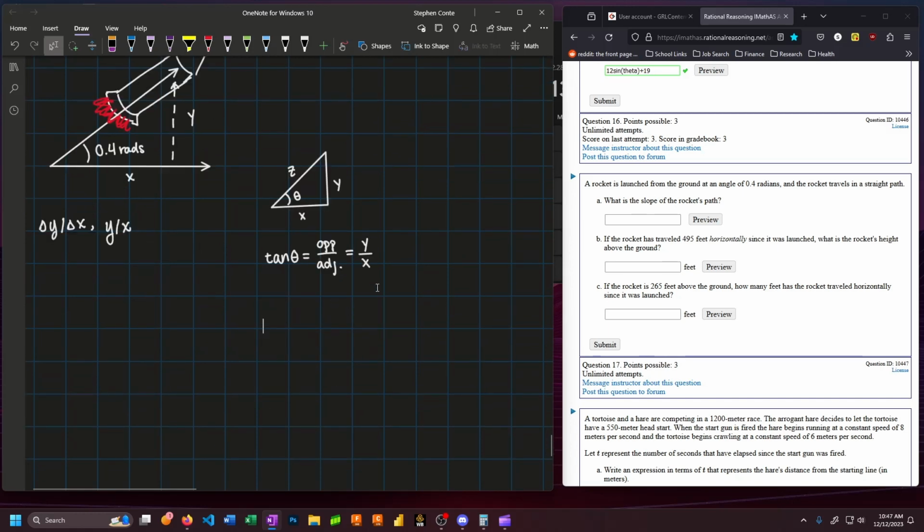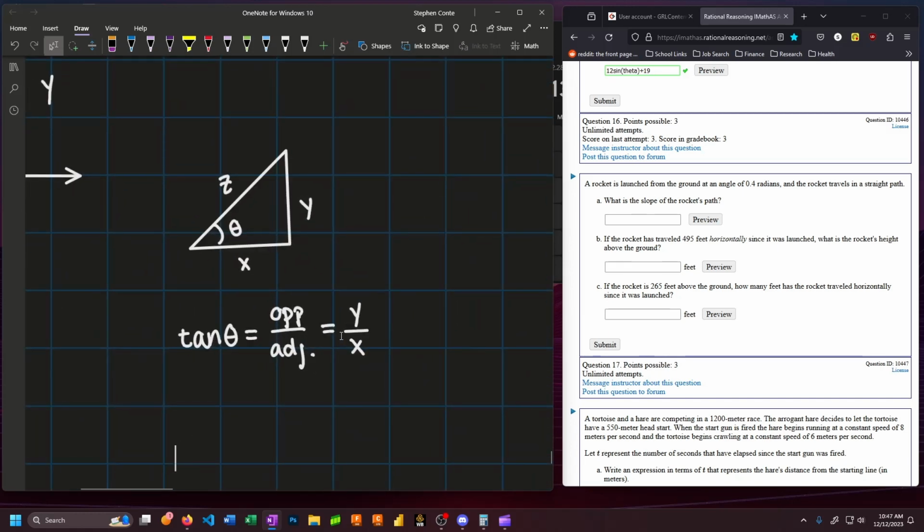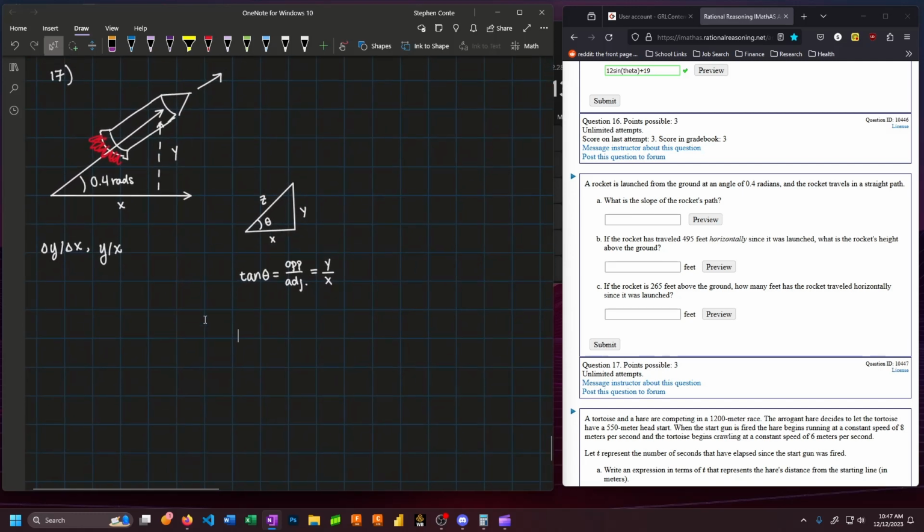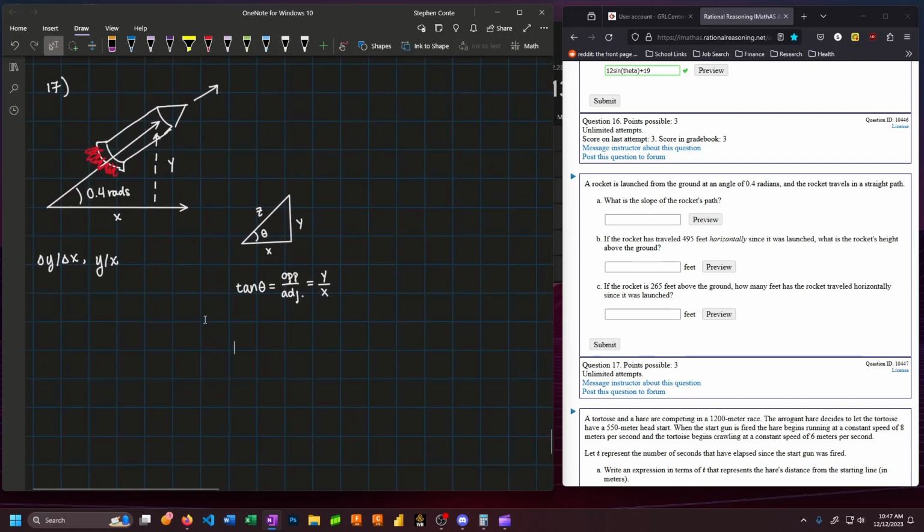Now, what do we know as y over x? If we think about this in terms of the unit circle, we know how to figure out x and y values for circular paths.